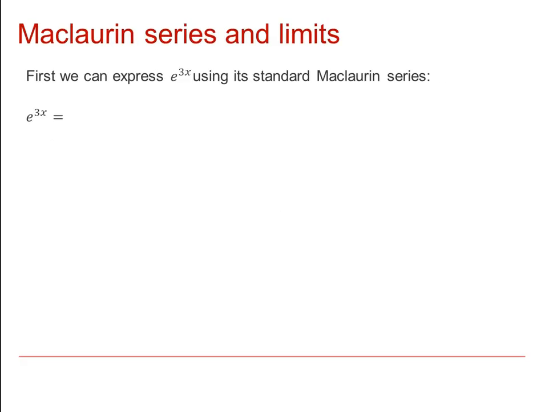The first thing we need to do is to get an expression for e to the 3x using the standard Maclaurin series. To do that, we simply interchange the x in the Maclaurin series with 3x.